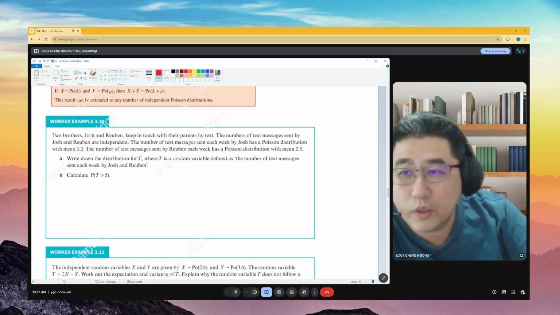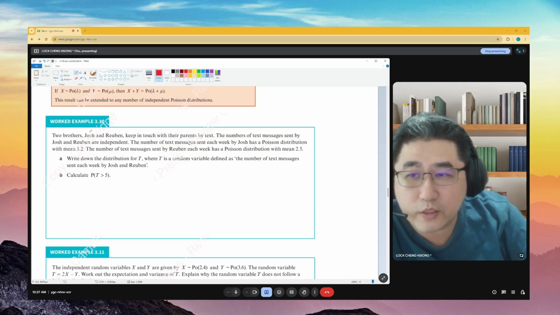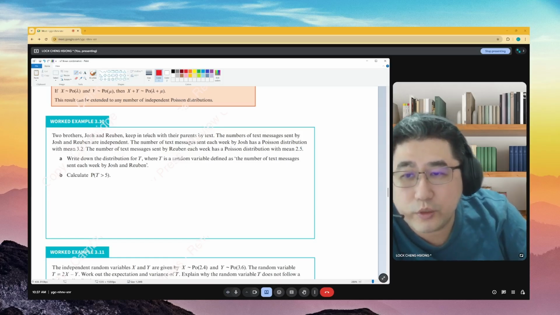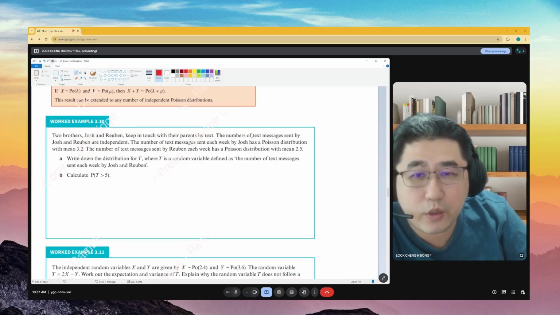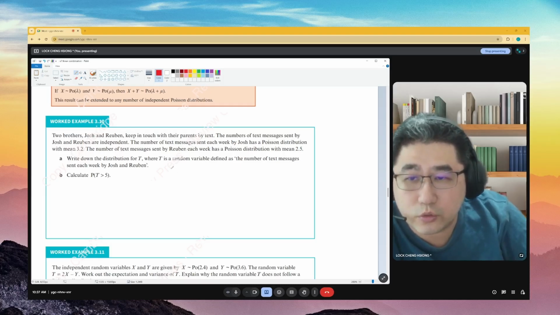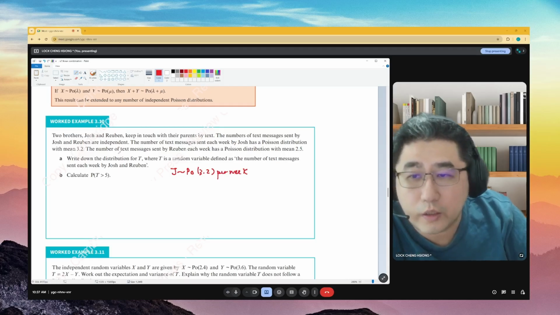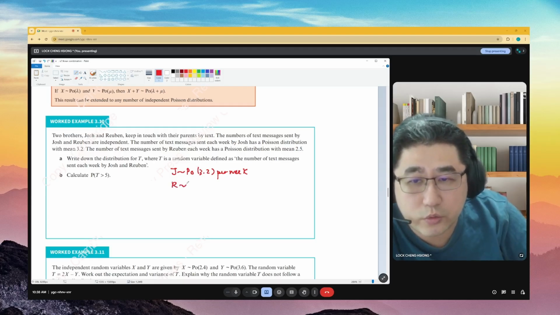Worked example 3.10. Josh and Ruben keep in touch with their parents by text. The numbers of text messages sent by Josh and Ruben are independent. The number of text messages sent each week by Josh has a Poisson distribution of 3.2, and by Ruben a Poisson distribution of 2.5 per week.